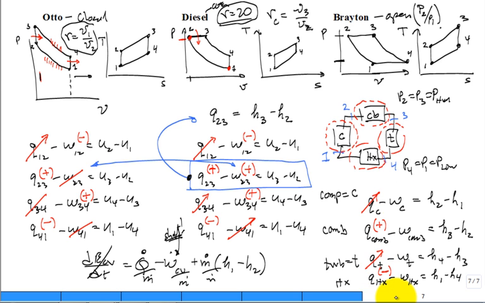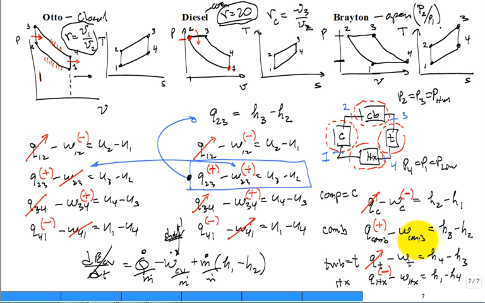All right, let's do the works. Remember that shaft work coming across the boundary encircling the compressor. Is that 0, negative, or positive? Negative. How about for the combustor? I get that question all the time. They say, Professor, why isn't there work with the combustor?